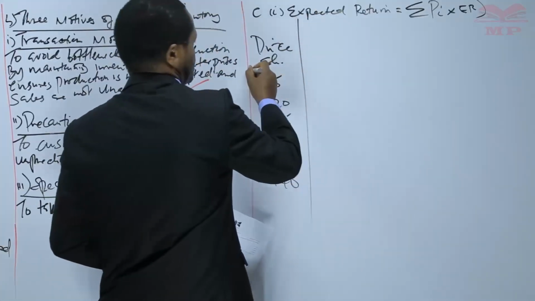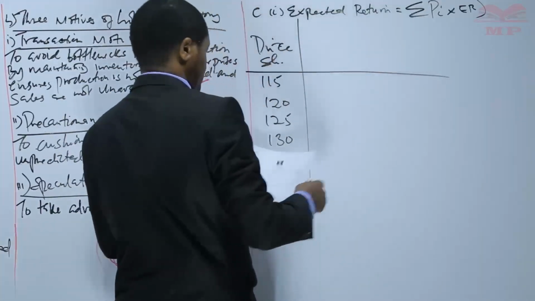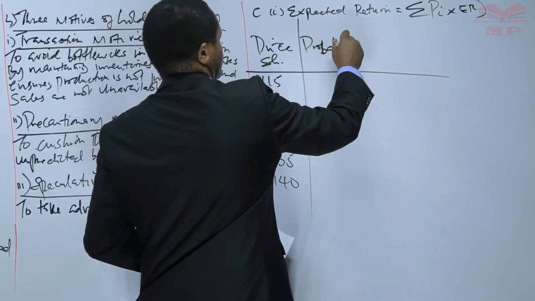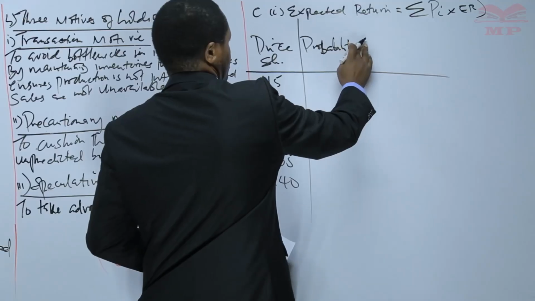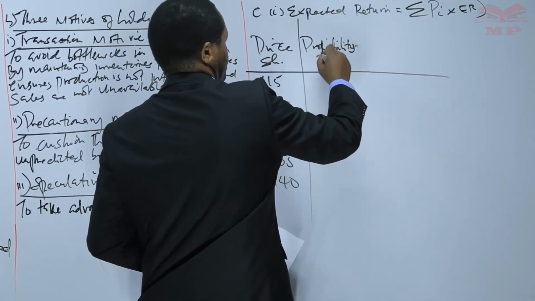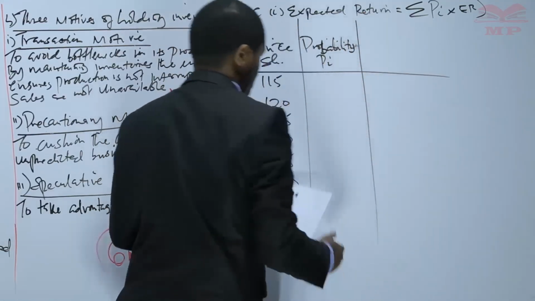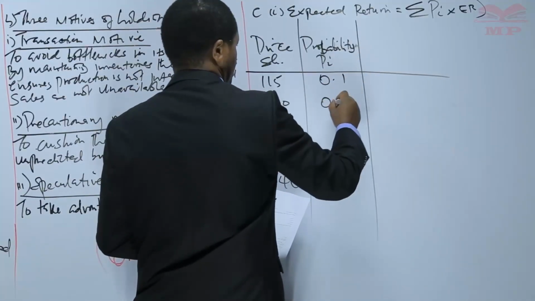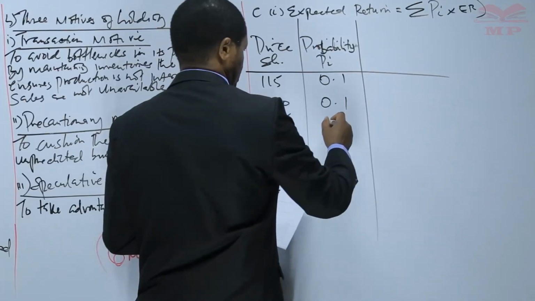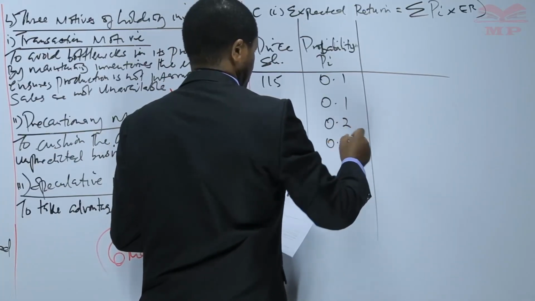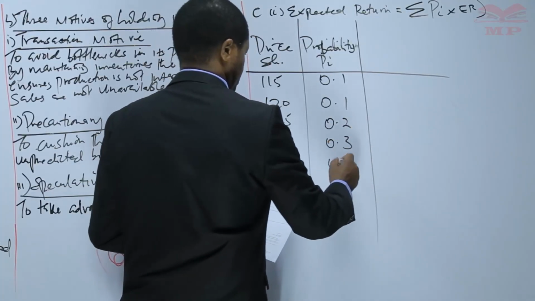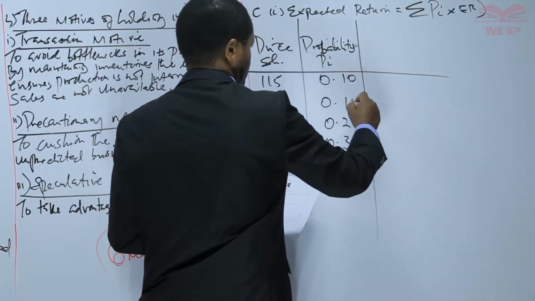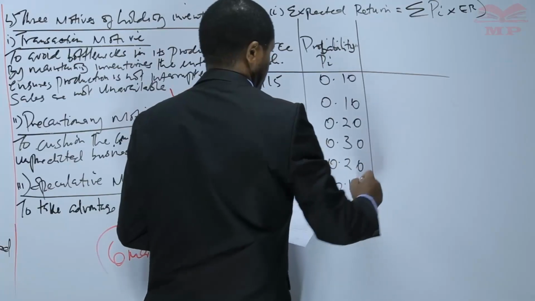Then I'll have the probabilities, PI. The probabilities are given in the question: 0.1, 0.1, 0.2, 0.3, 0.2, 0.1.